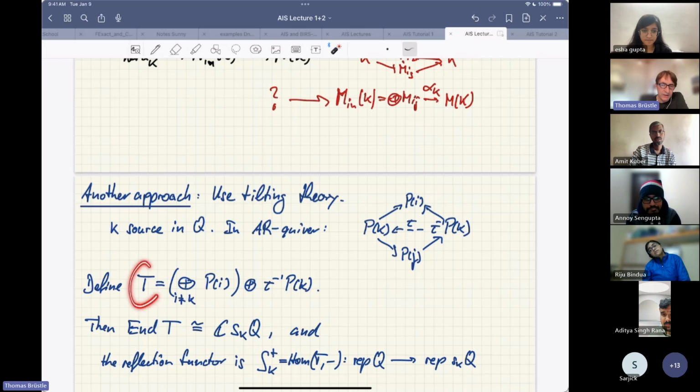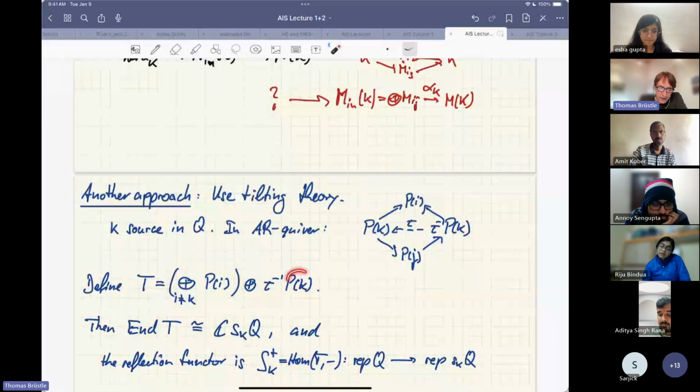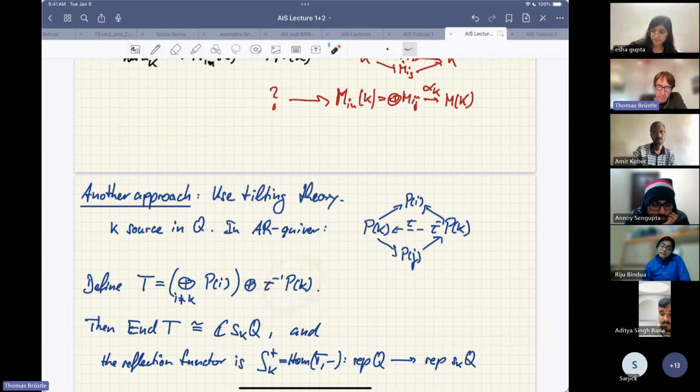I would define a tilting module T as taking all the projectives different from K and replacing PK, the projective at K, by its tau inverse. So I replace this one by that one. I move this over here, yeah?